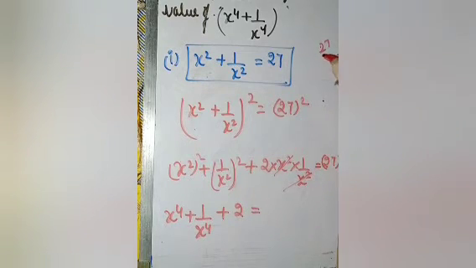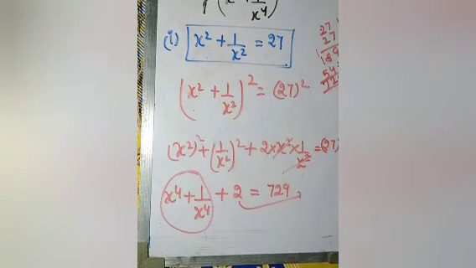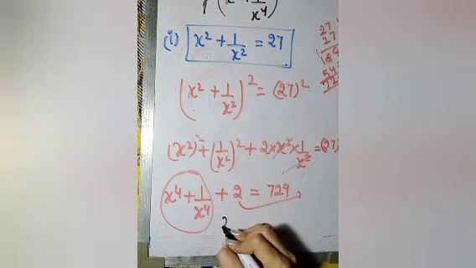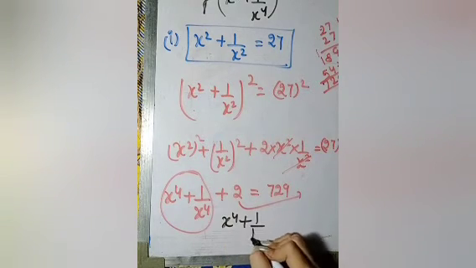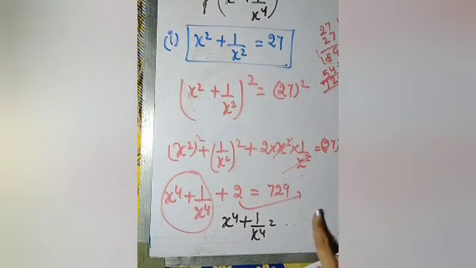What will 27 square be? 729. We have to find only this value, so we will send this on the other side. When you send this, we have x to the power 4 plus 1 upon x to the power 4 equals 729 minus 2, and it will be 727. This is the answer.